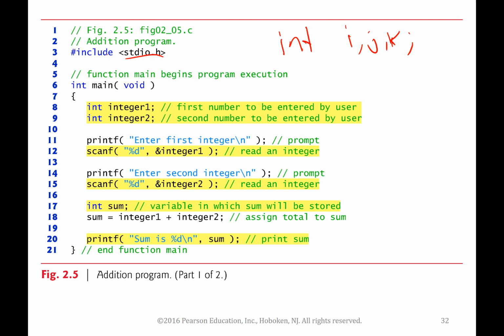The first is one that's got a percent sign and a d in quotes. That's a string. I'm passing it a string, and we're telling scanf that it's going to receive a decimal. We'll go through the list of the scanf formats later on in these slides. Then we're going to tell it that we want it to put whatever the user types into integer 1.